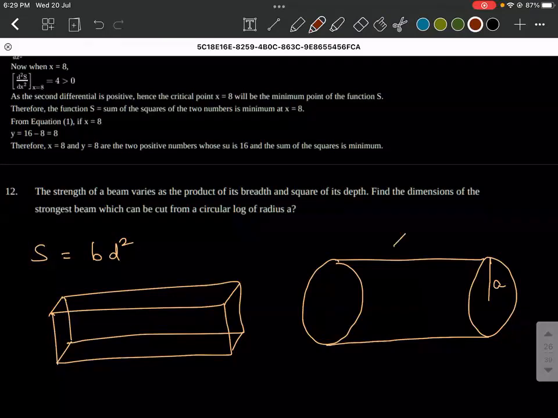So how will you connect this to this? So what is the answer you got? How much do you get?